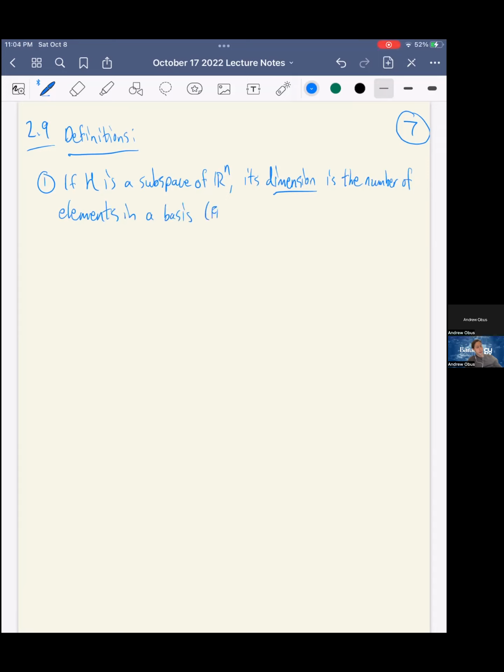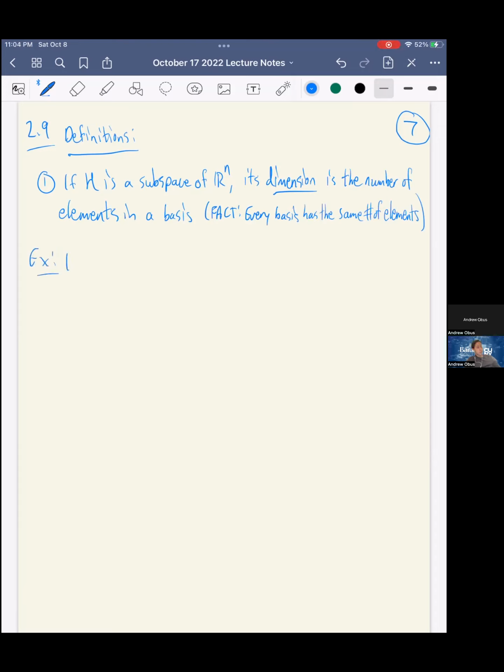And maybe I should say, fact: every basis has the same number of elements. Right, so you're not going to have a subspace of Rn that has one basis that has 2 elements and one basis that has 3 elements.